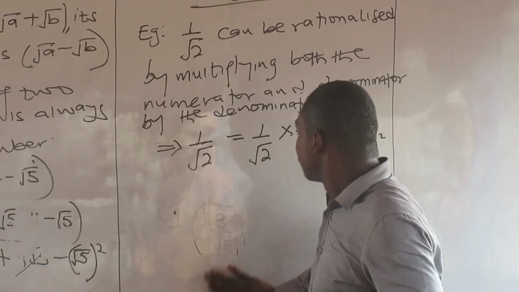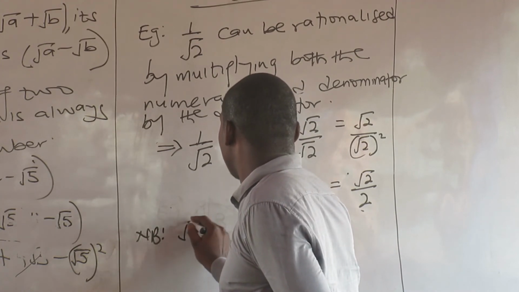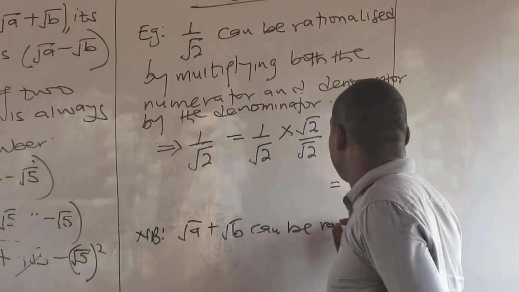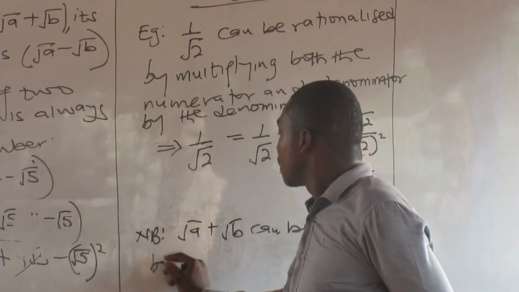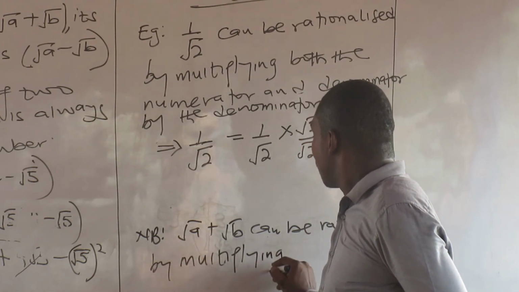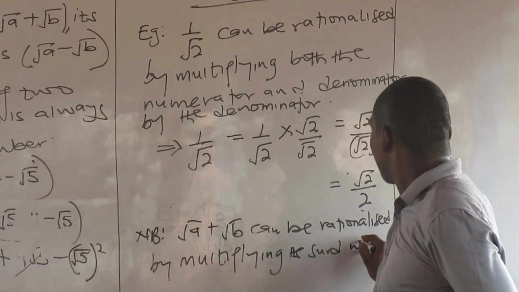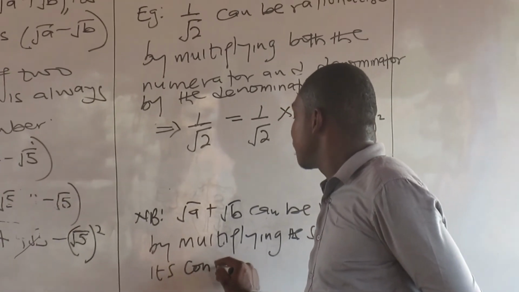Okay. Now let's make one question and see how we rationalize this, right? But before we do, let's check something here too. Note, root A plus root B can be rationalized by multiplying the surd with its conjugate.